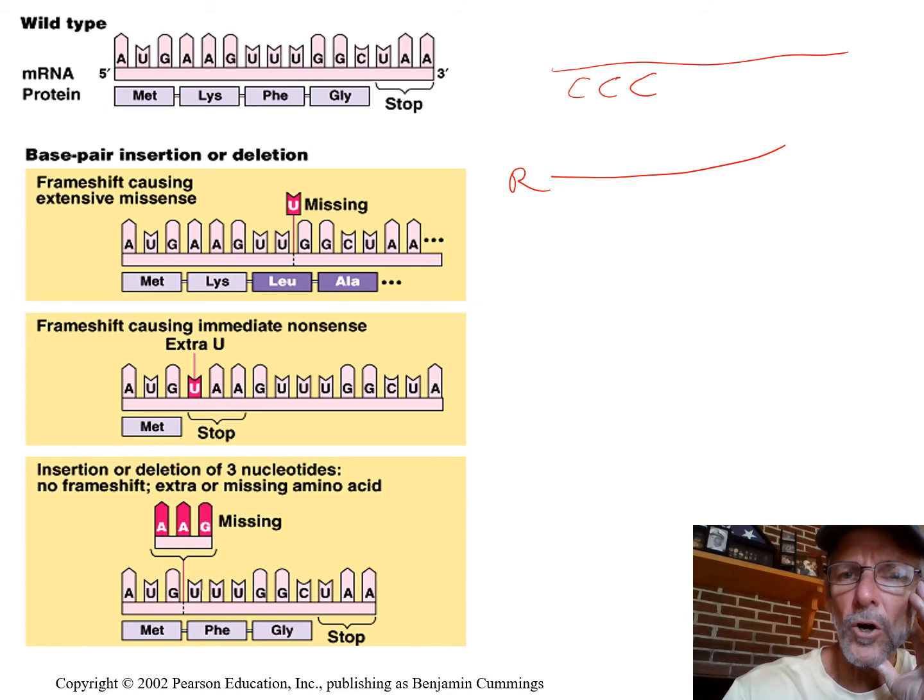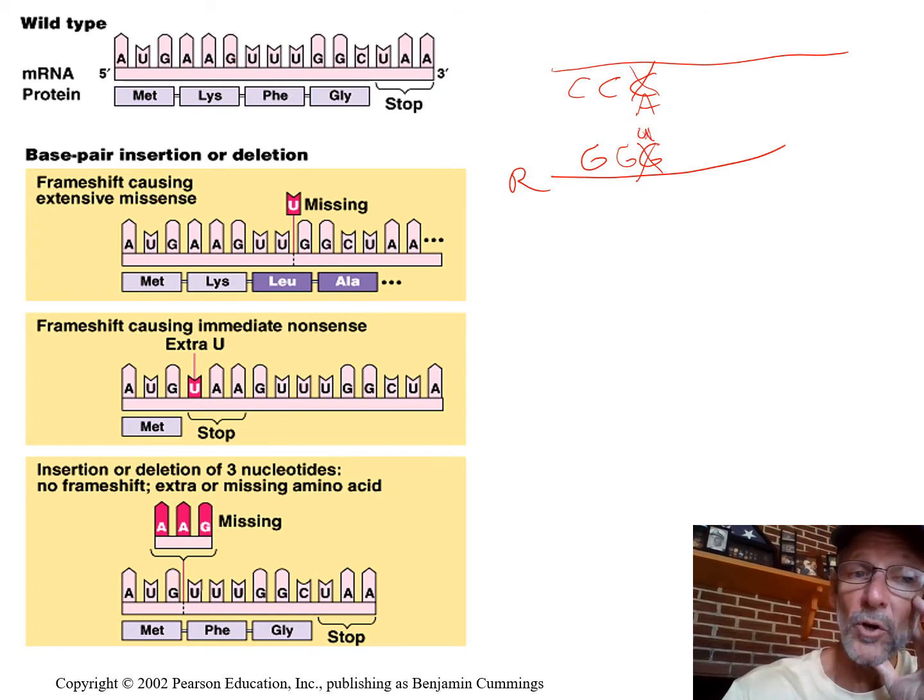So it codes for RNA that's GGG, right? And let's say you have a mutation where this C changes to an A. So now instead of GGG, the codon that gets put together on the messenger RNA is GGU.